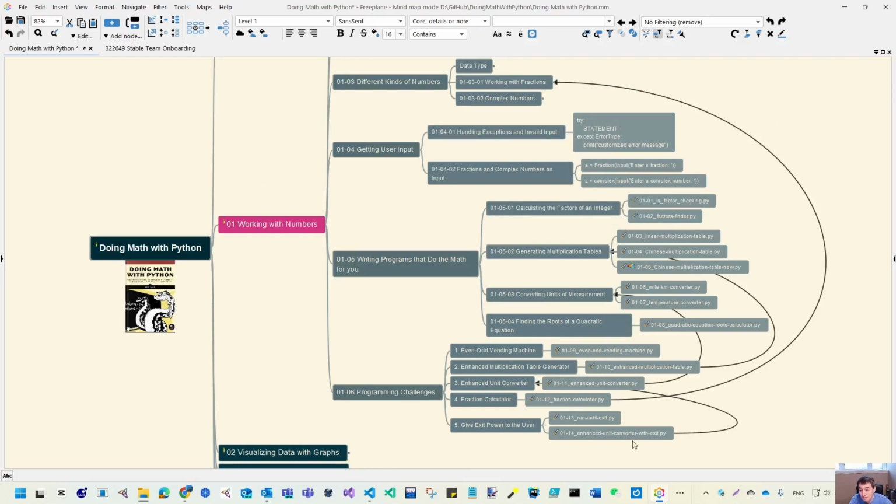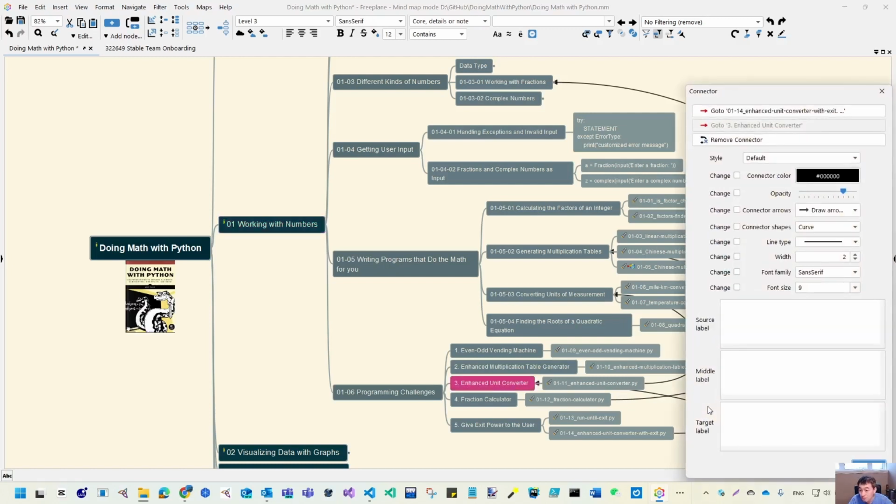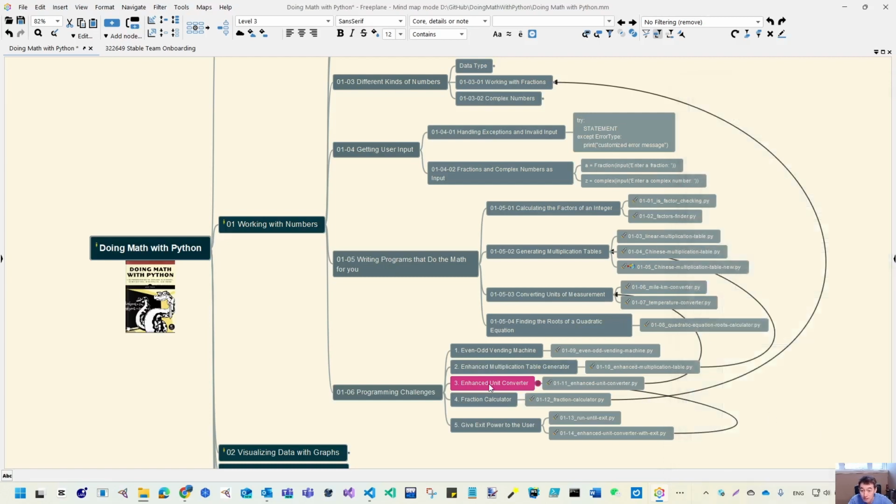Similarly, in the last video we did the enhanced unit converter with the exit power to user. This one actually inherits from challenge number 3, enhance the unit converter. You can read from here; if you right click, you can find this relation. This challenge also uses the continuous writing program to do math in 010503.